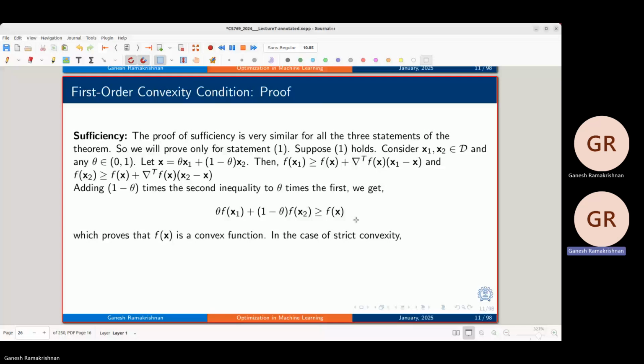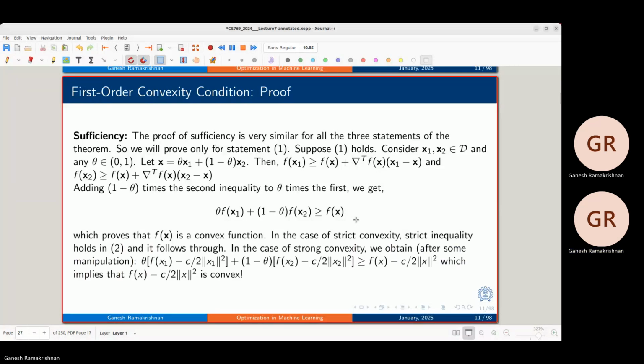Nothing changes, right? You guys have to look at the slides beforehand. I post them beforehand. So in the case of strict convexity, strict inequality holds. In the case of strong convexity, more work is required, a little bit more work, which I will not do here.